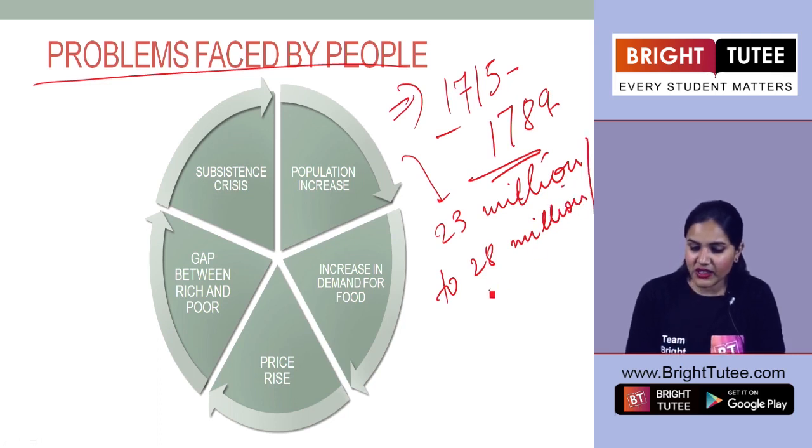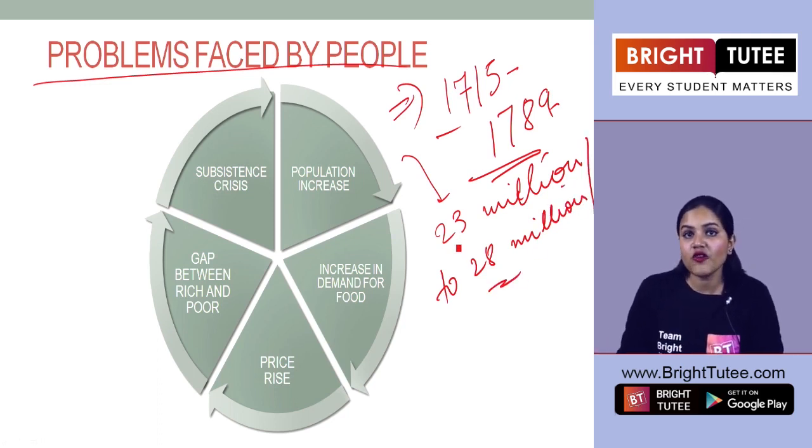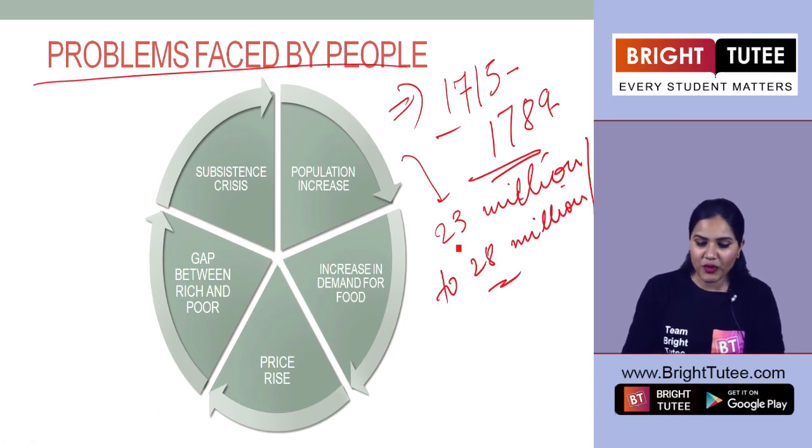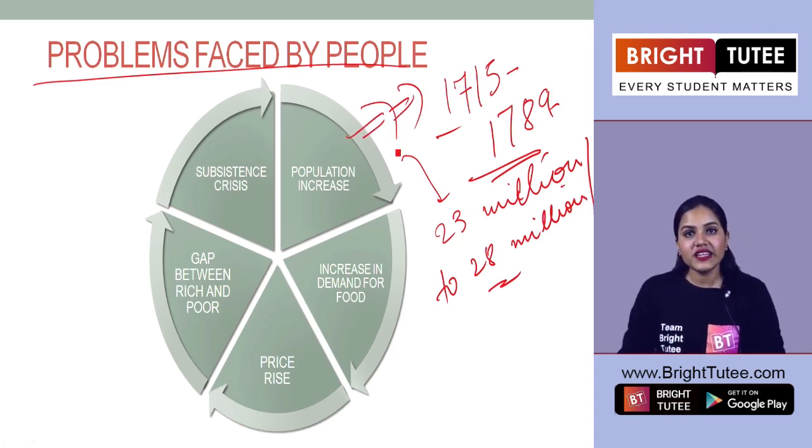So in these many years, there is a growth of 5 million people in France. Now, these are some of the basic points that we have to understand, right? We have to apply our common sense here.